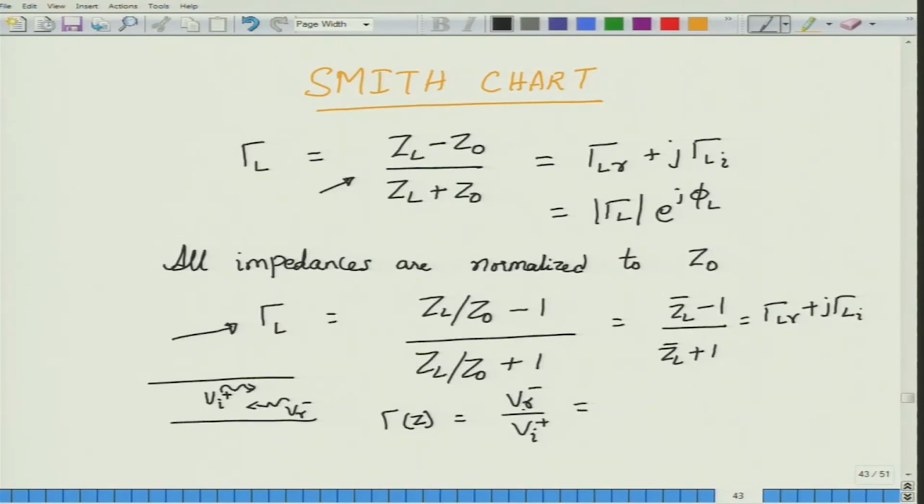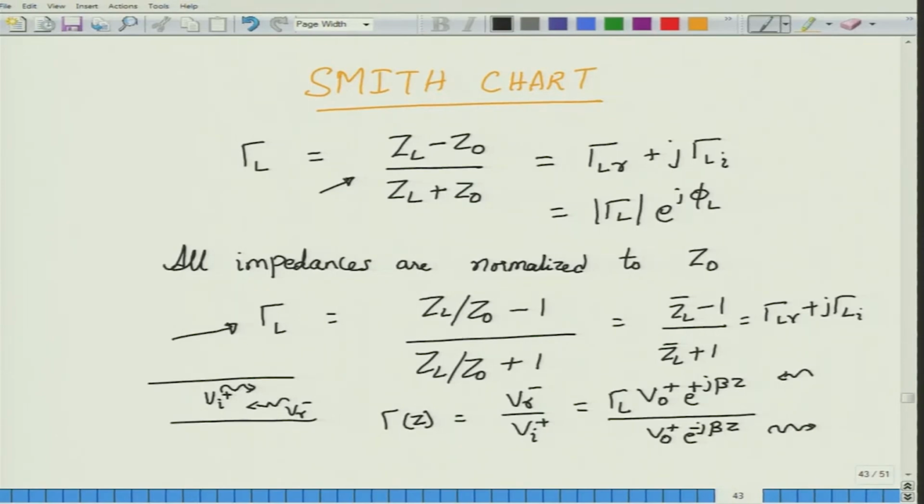We know that the reflected voltage can be expressed as the incident voltage multiplied by the load reflection coefficient gamma L. This is actually V0 plus e to the power plus j beta z, because this is travelling in the backward direction, and Vi plus is the incident voltage, which we can write as V0 plus e to the power minus j beta z, because this is travelling along plus z, or in the forward direction.